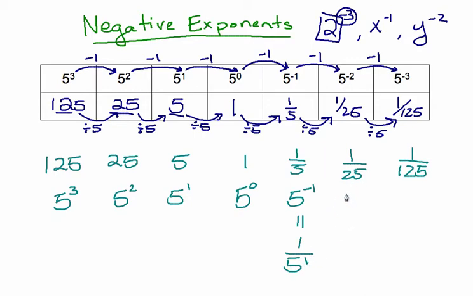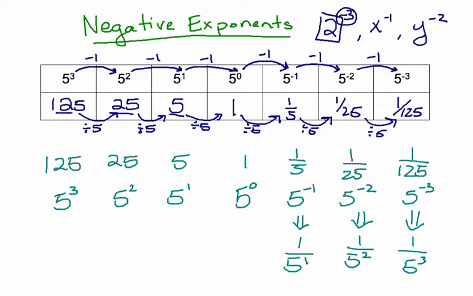1 over 25, 1/25th, came from 5 to the negative 2, and that we could consider as 1 over 5 squared. So what do you think I'm going to say here about 5 to the negative 3? We can think about that as 1 over 5 to the positive 3.